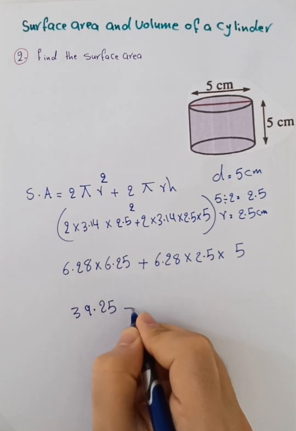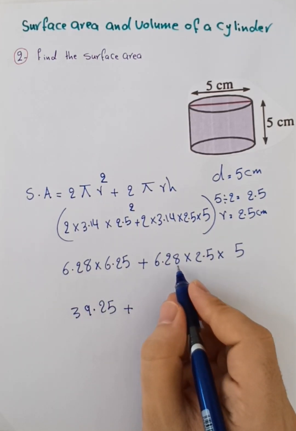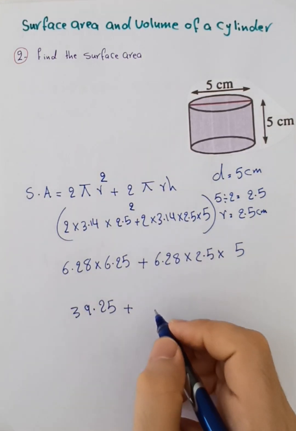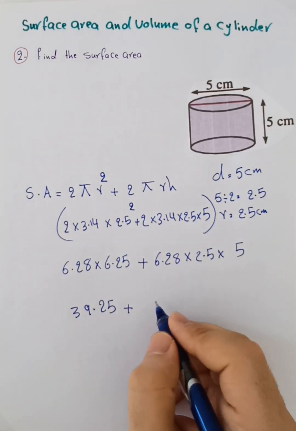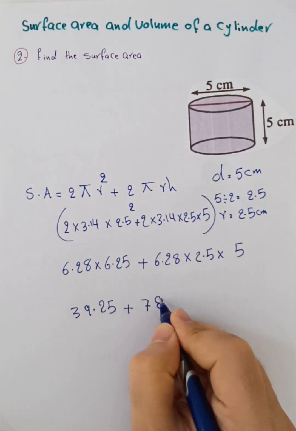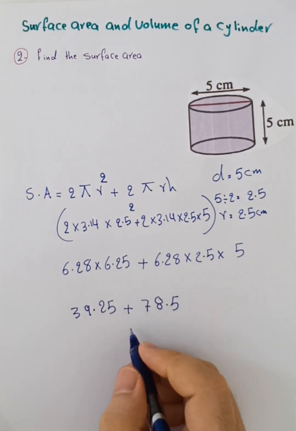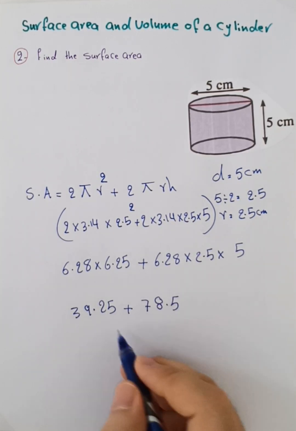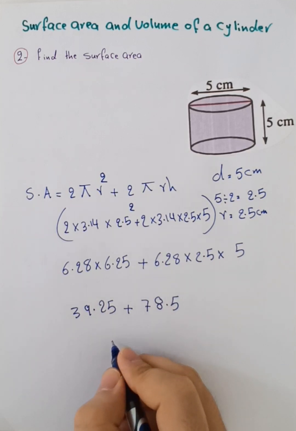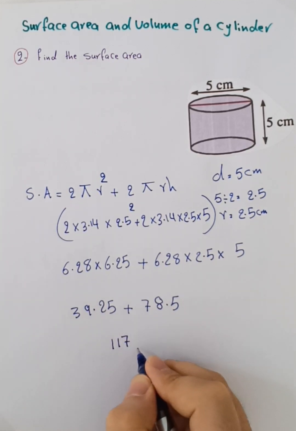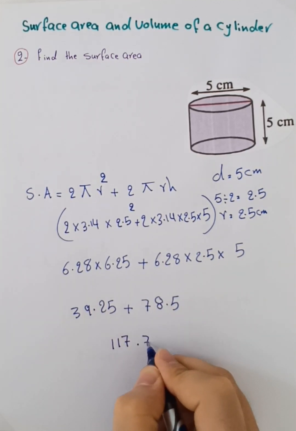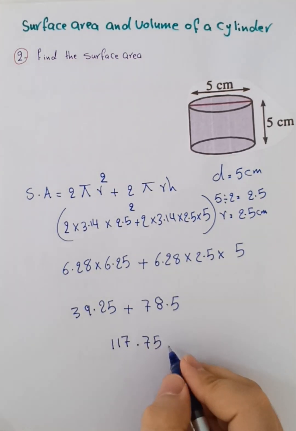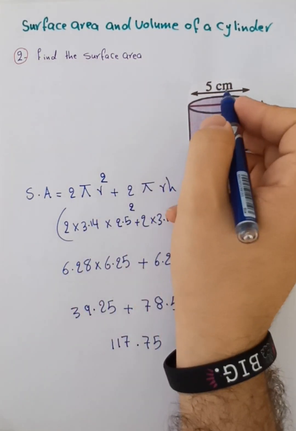Then 6.28 multiplied by 6.25 equals 39.25, plus 6.28 multiplied by 2.5 multiplied by 5 equals 78.5. And then we have to add these two numbers. The sum is 117.75, and the unit is centimeter.